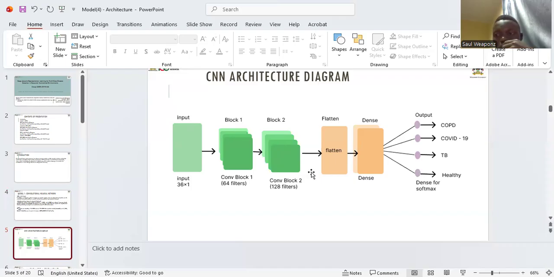sequence. After that, we do batch normalization to stabilize the training, and then max pooling that halves the sequence. We shall then go to block 2. At block 2, we are doubling the number of filters, because block 2 deals with the output from block 1.